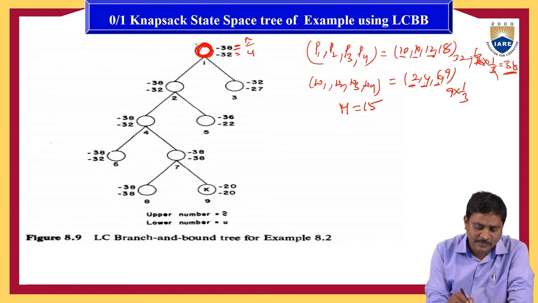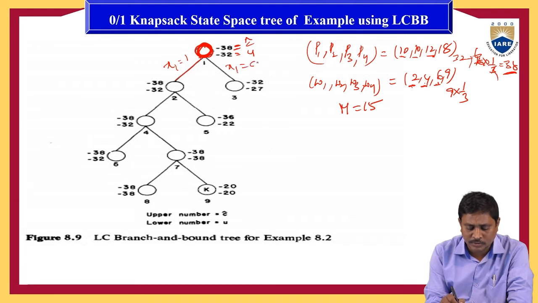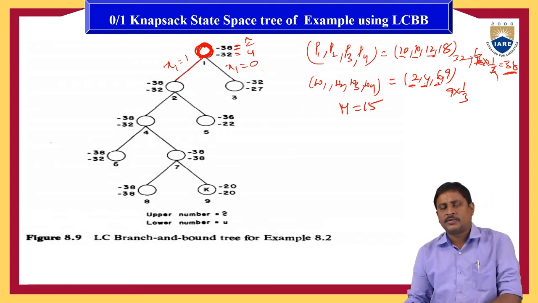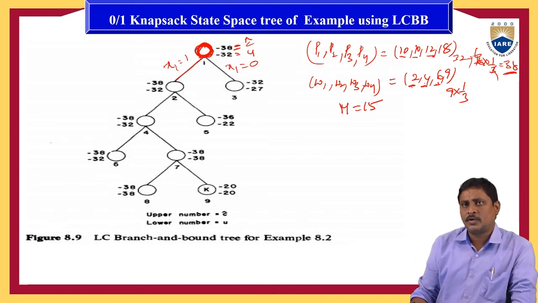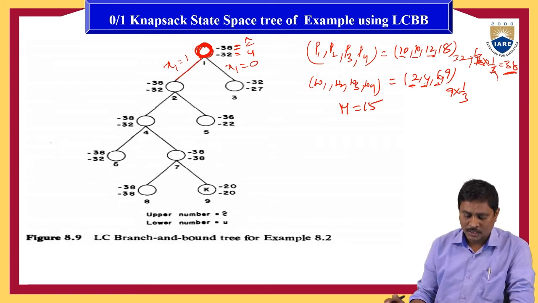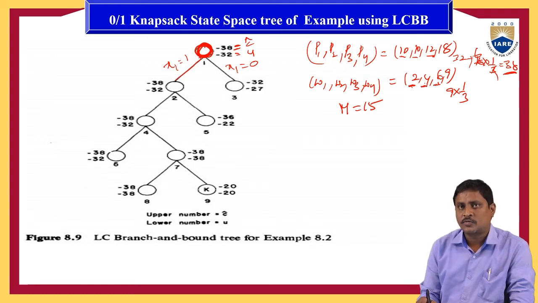Next, now we are expanding this one. Here x1 equal to 1, x1 equal to 0. x1 equal to 1 means the weight W1 we consider. x1 equal to 0 means weight W1 is not considered for insertion into the bag. Now here we consider 2 plus 4 plus 6, 12.